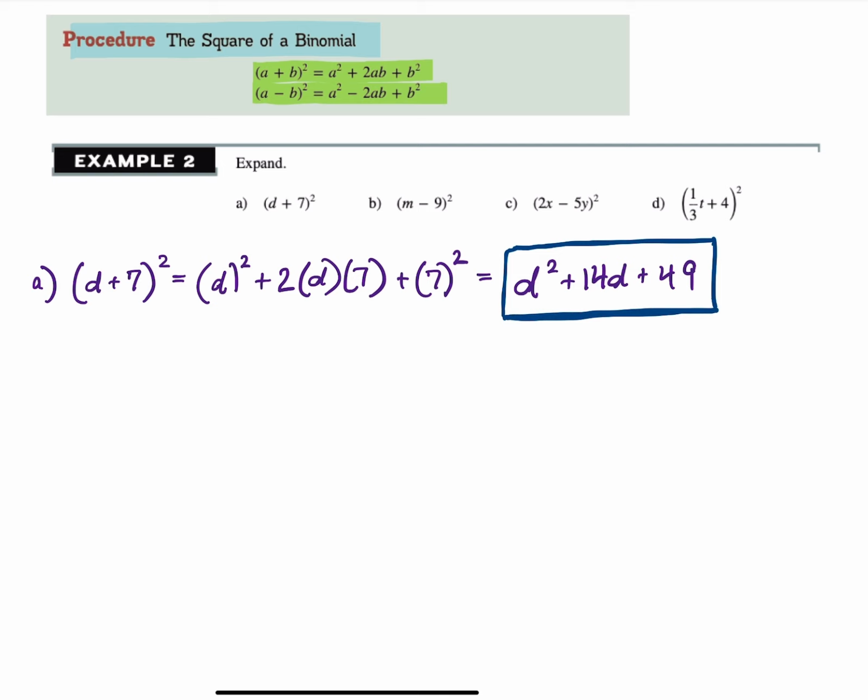So let's try part B. We have m minus 9 squared. So now we have a minus, but the pattern will still hold. We'll just use this second pattern. So it will be our first term squared, so m squared, minus 2 times m times 9, plus our second term, 9 squared.